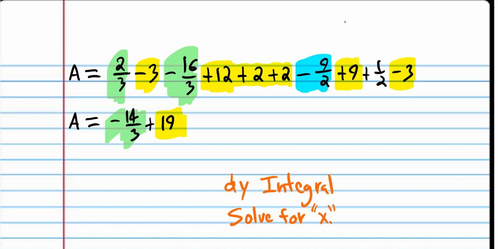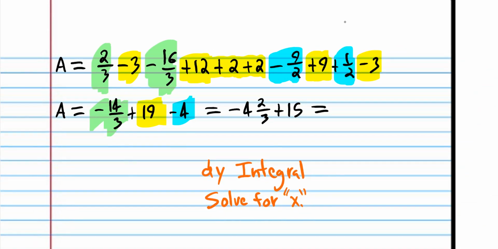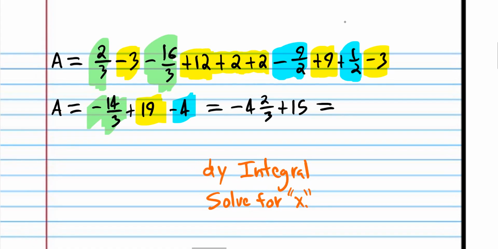And then negative 9/2 plus 1/2 is negative 8/2, which is negative 4. And so then we have negative 4 2/3 plus 15. So that would be 10 1/3 looks like it's going to be.